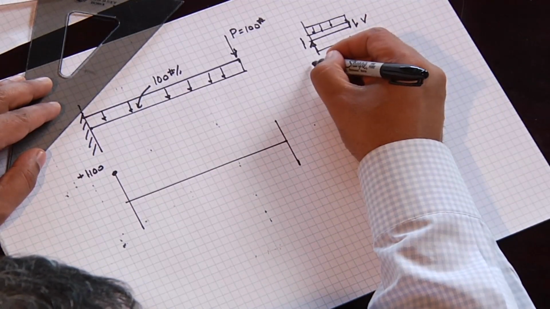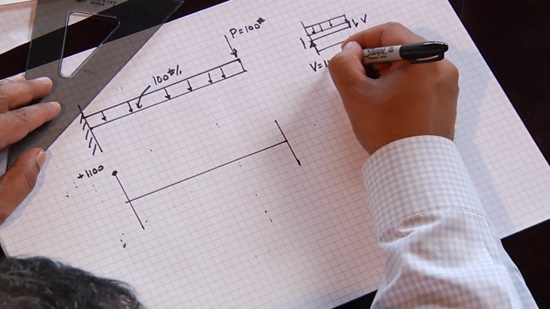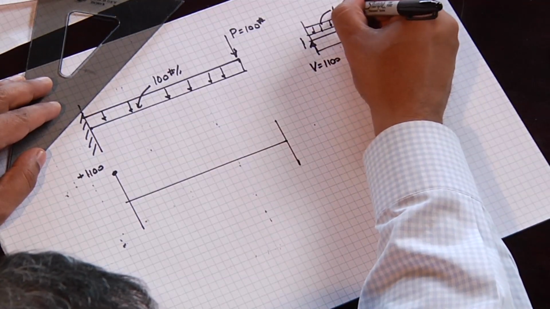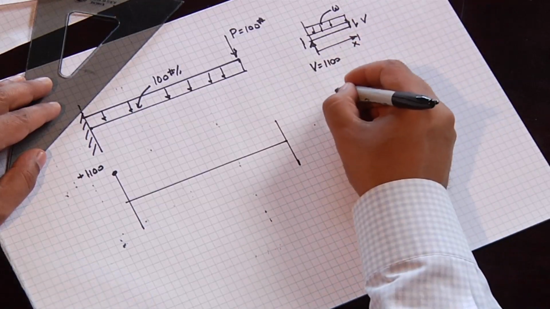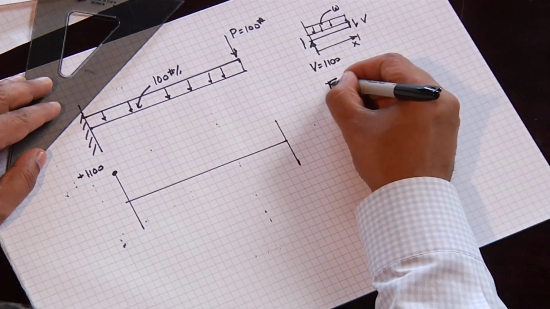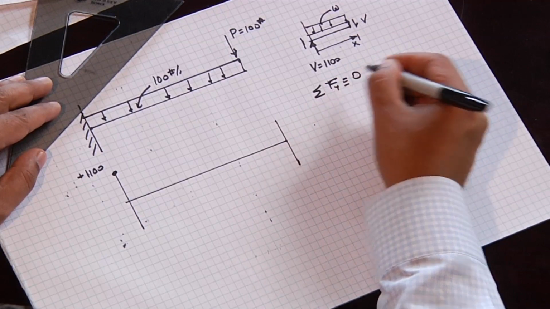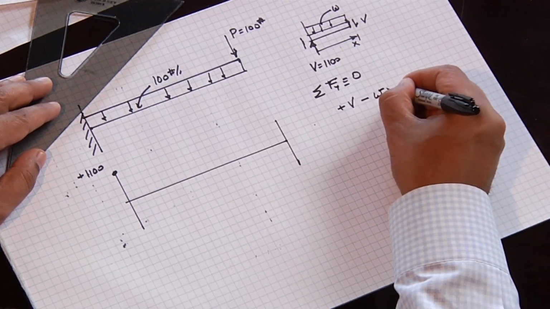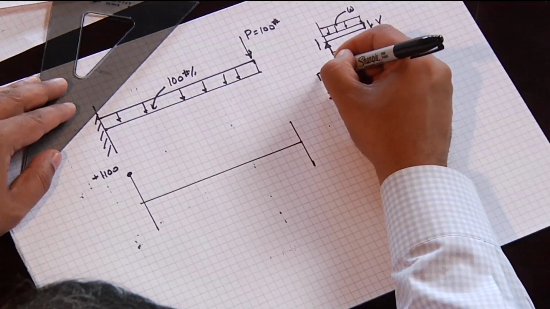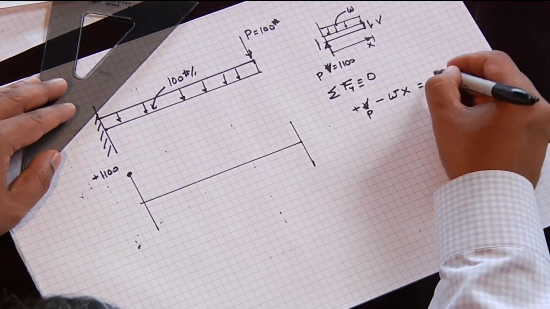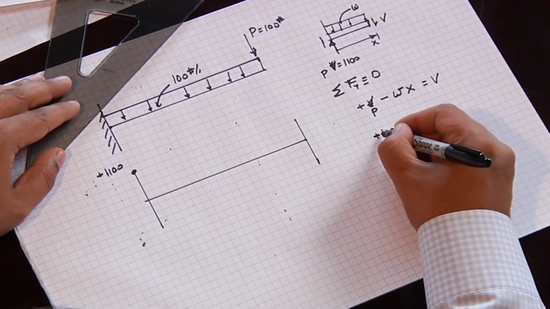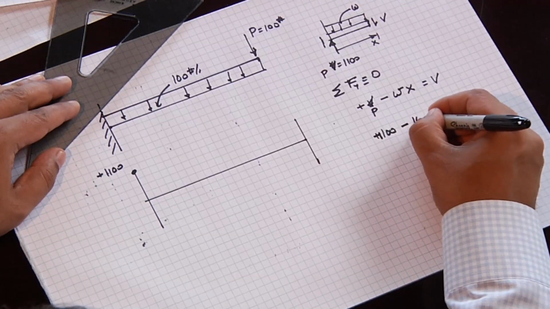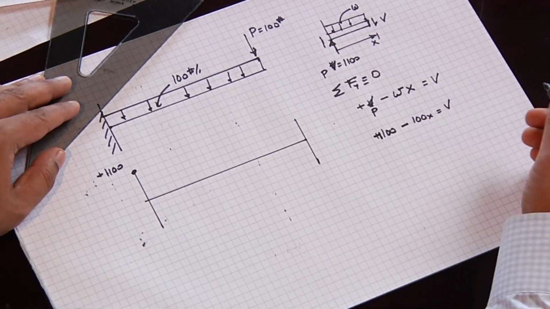So this end reaction V is equal to 1100, and this is W. So the equation, which again, sum of the forces in the y direction equal to 0, we have plus V minus W times X. Actually, let's change the notation here. Let's make this plus P minus Wx equals V. So we have plus 1100 minus 100x equals our shear.